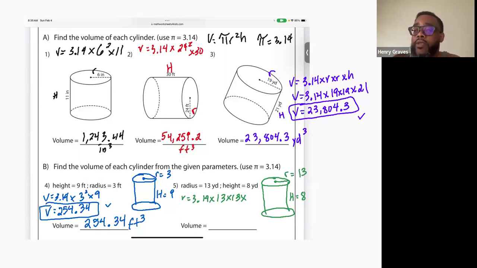So volume is going to be 3.14 times 13 times 13 times 8, which is 4,245.28.